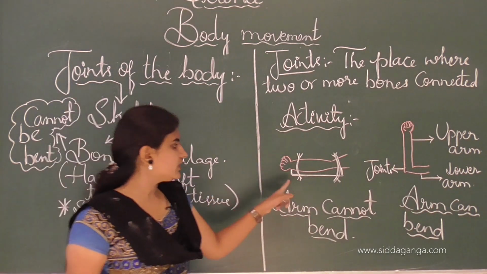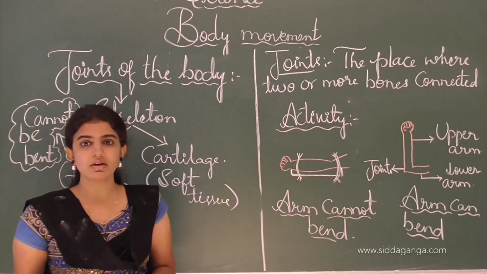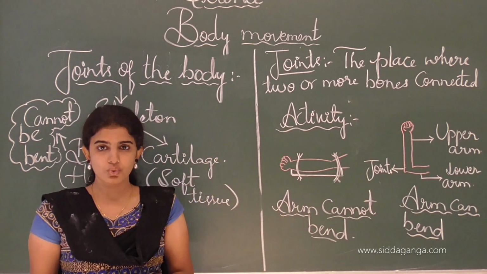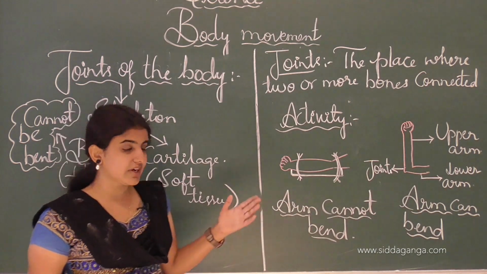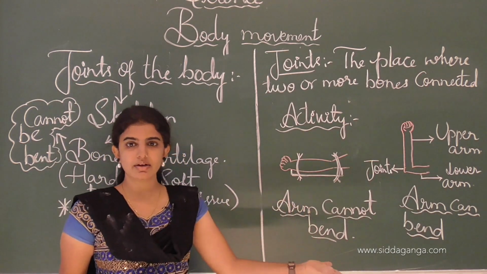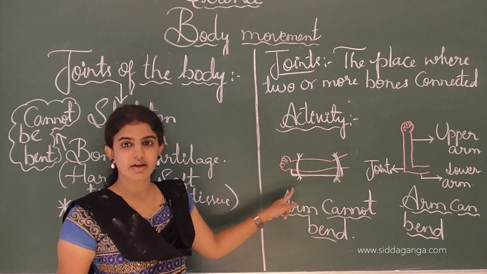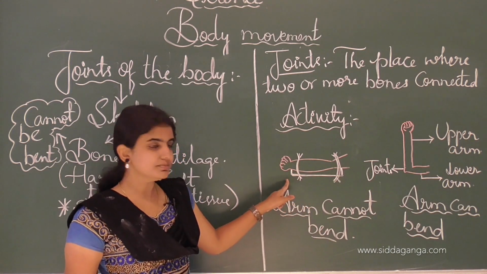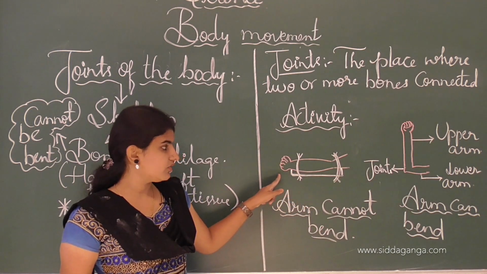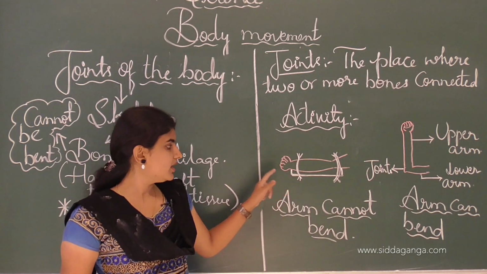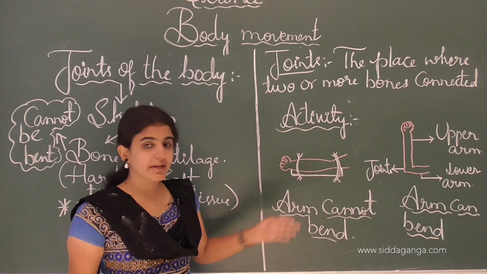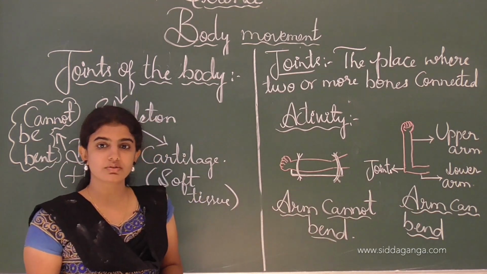In this activity we have to take one wooden stick or wooden scale. First we have to straighten our hand like that. Here I showed in the diagram. We have to stretch and straighten our hand, and take the wooden stick or the wooden scale.